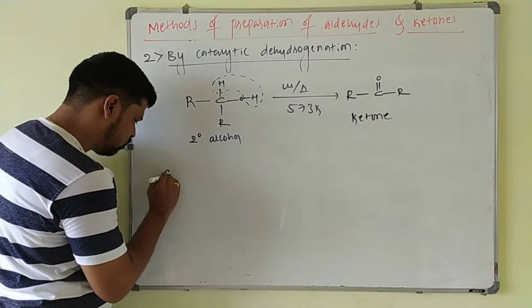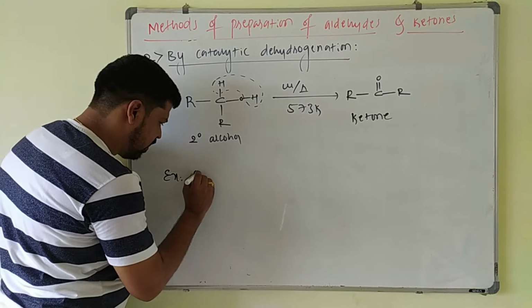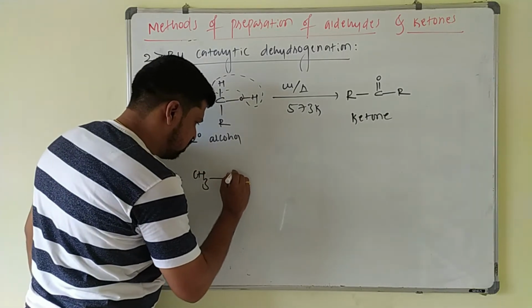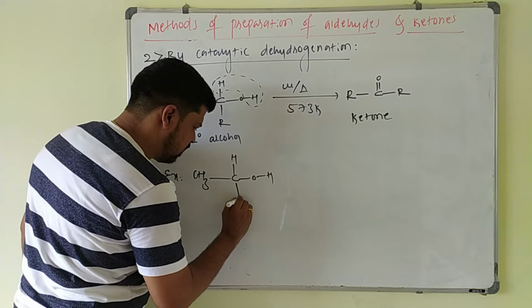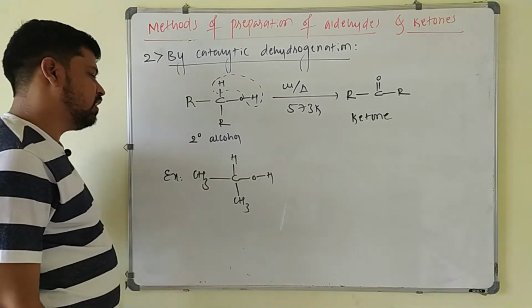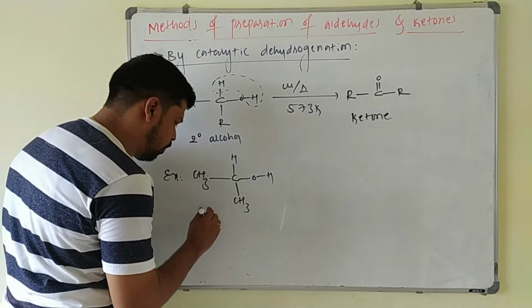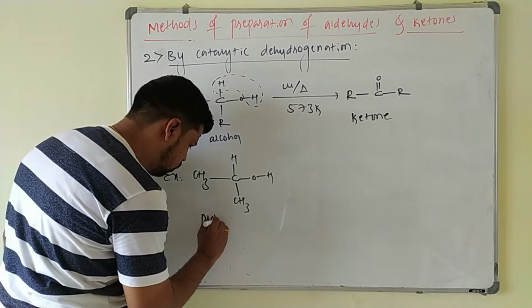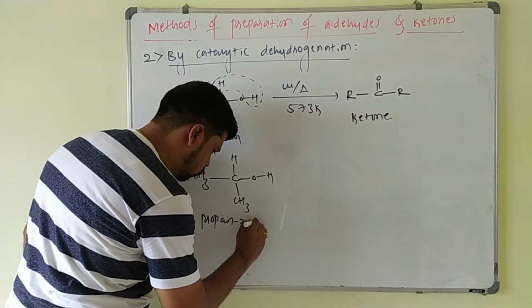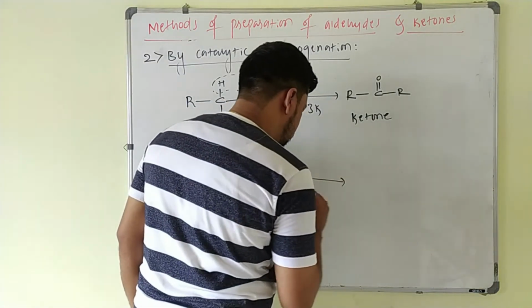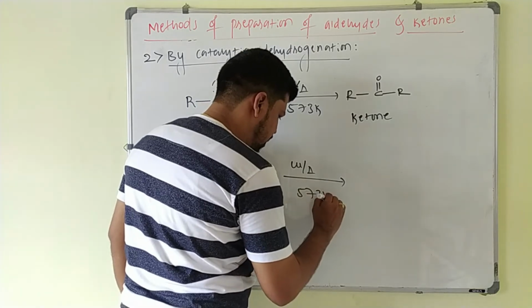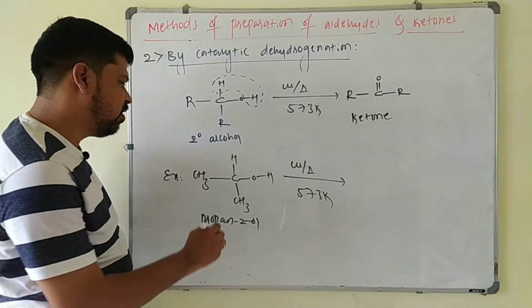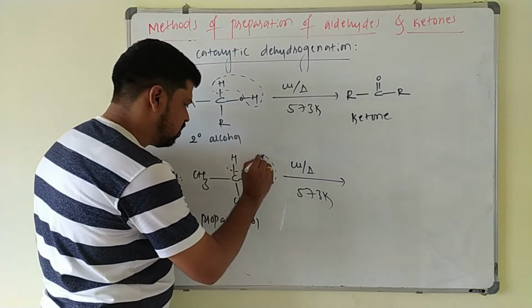Example, suppose I take CH3, CH OH, CH3. So this is propan-2-ol. This propan-2-ol on passing through heated copper at 573 Kelvin again undergoes dehydrogenation.